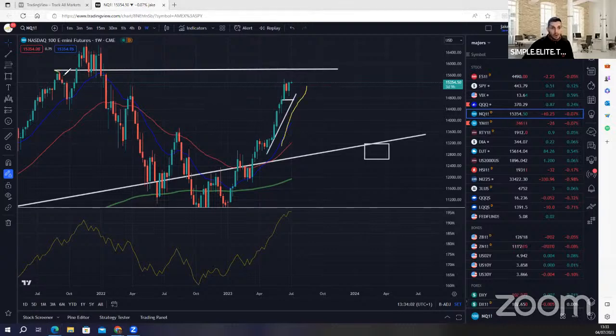I think price will come back to this level here, which has the right price action, which is 15,800. And then we'll probably see some pullback, recharge, and then go long and break the previous higher point.